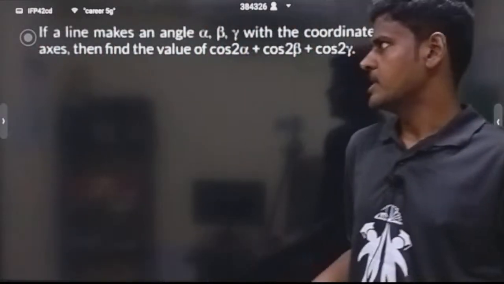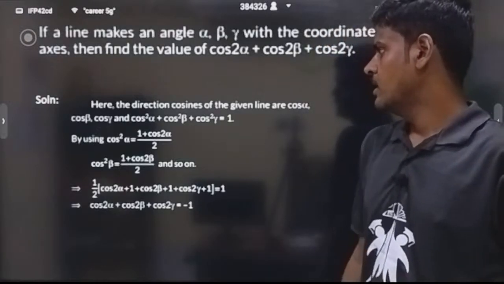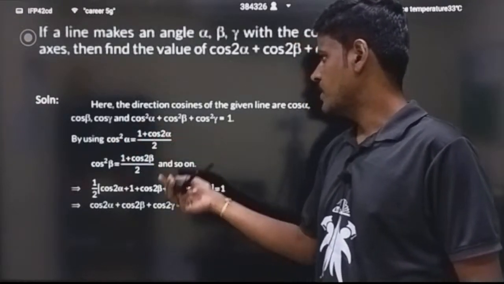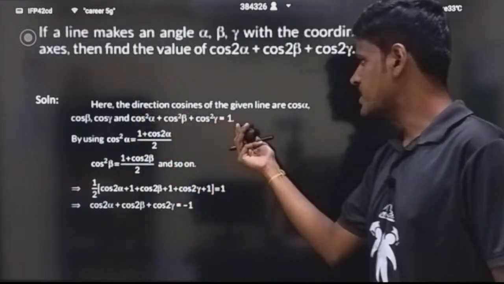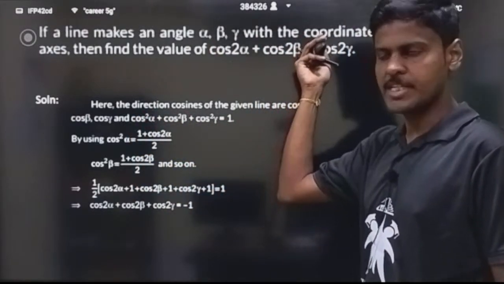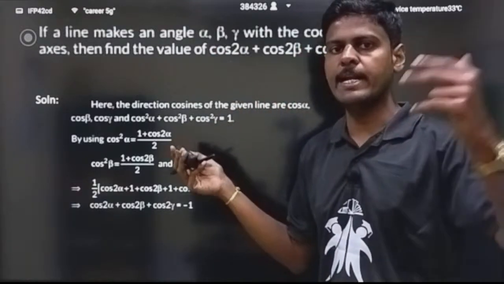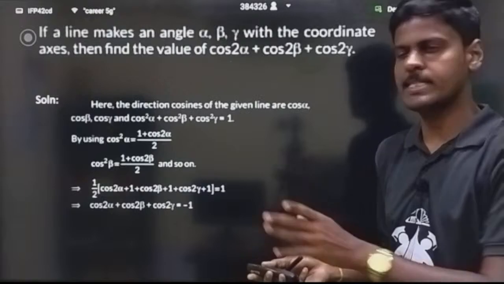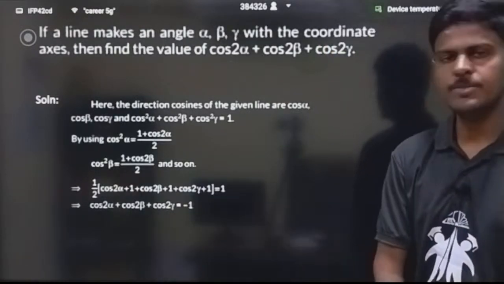Cos square alpha is 1 plus cos 2 alpha by 2. Similarly, you can replace from this relation using the given condition, or from the question try to bring the condition and apply the value. That is another way to solve this question. The answer will be the same, it is minus 1.